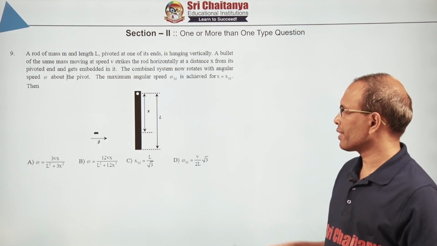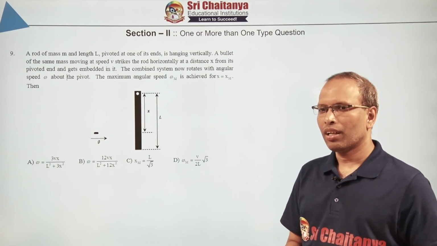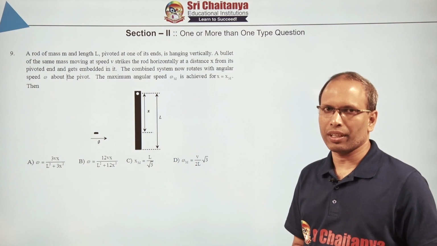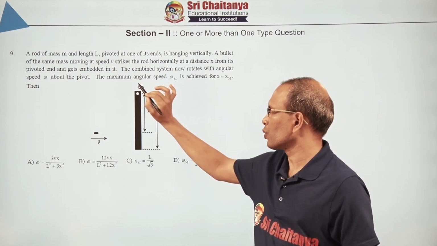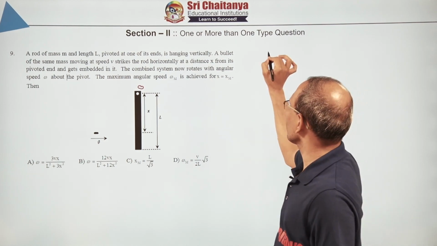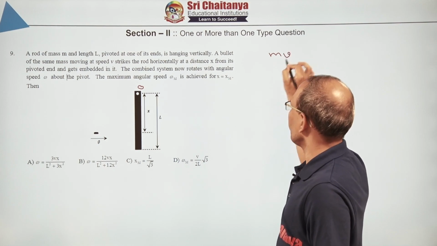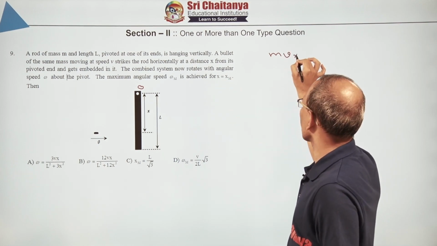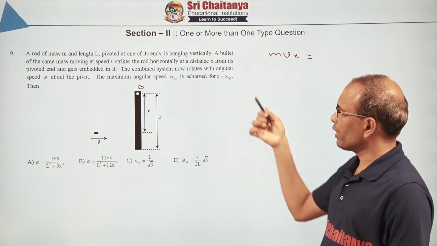So we know that this is rotation about a fixed axis. So simply we can apply the law of conservation of angular momentum about the axis of rotation, which is fixed at point O, suppose. So what is the initial angular momentum of the bullet? It is m into v into r, which is x, is equal to the final angular momentum.